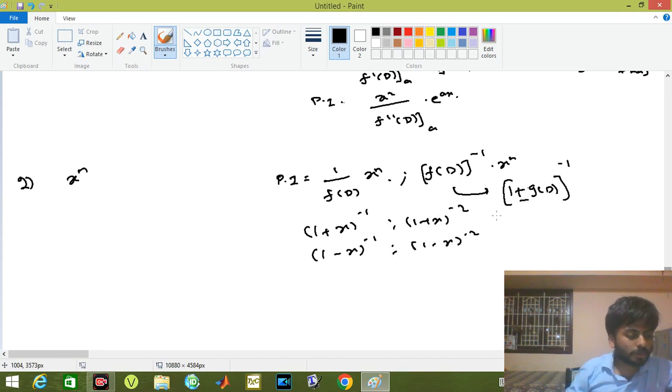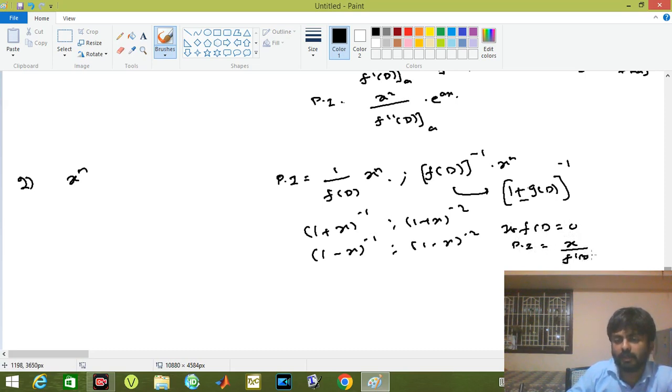In this method also, when the denominator f of D becomes 0, you have to take the PI by multiplying by x. In the numerator, you have to differentiate the denominator, f dash of D at D equal to a, and multiply it by x power n.